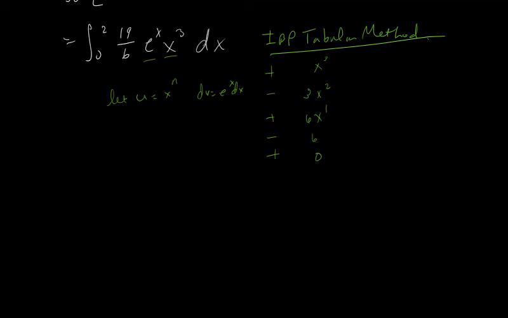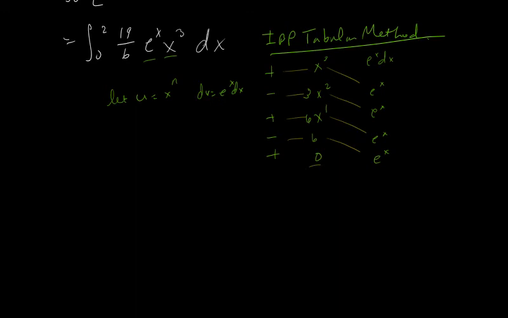Okay, now we'll do e to the x dx. Antiderivative is e to the x, e to the x, e to the x, e to the x. Perfect. All right, so with tabular method, you may recall this is your first term, second term, third term, fourth term. We stop at 0.